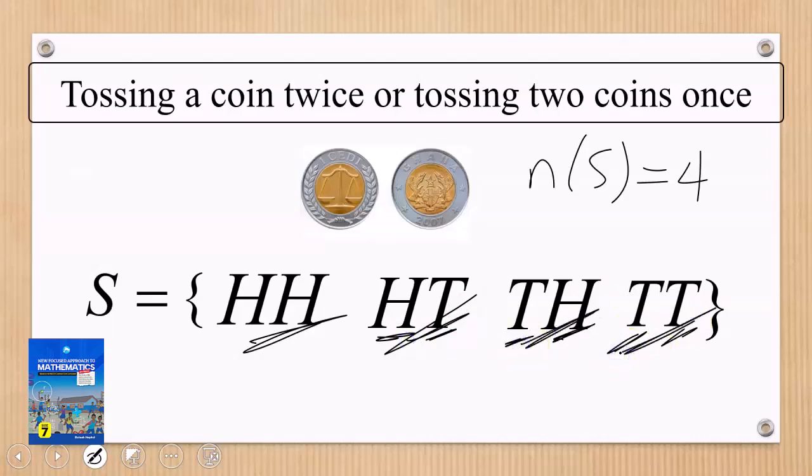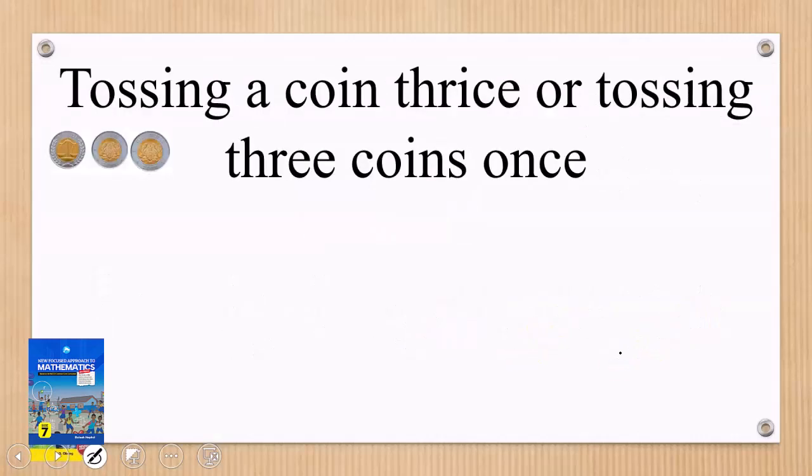What if the coins are 3 and we toss all of them once, or we have just a coin and we do the experiment 3 times? We toss first, we toss second, we toss third. What are the possible outcomes?